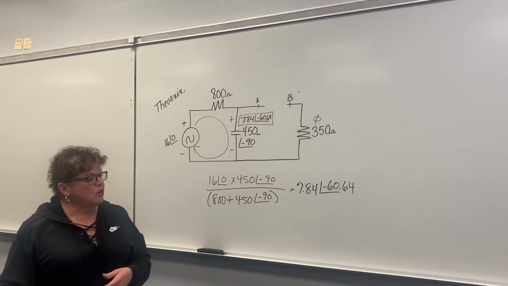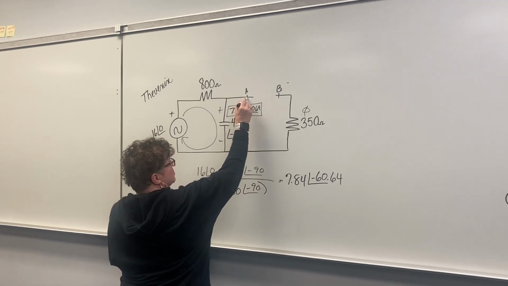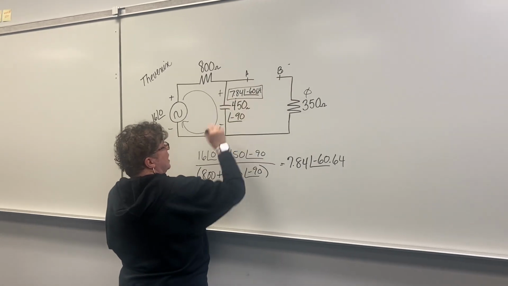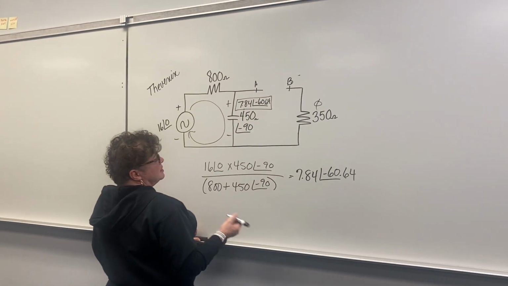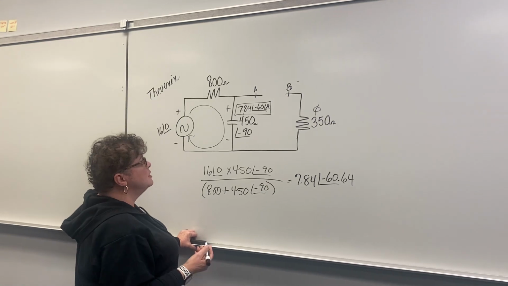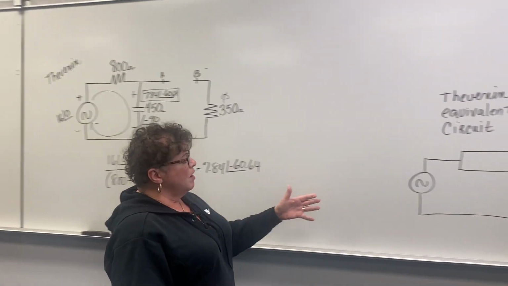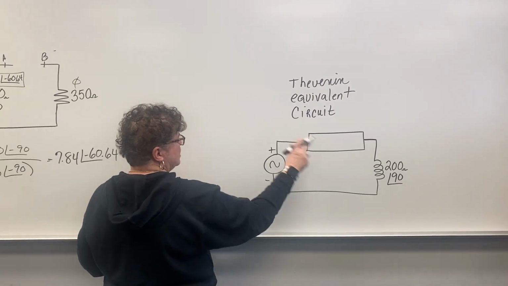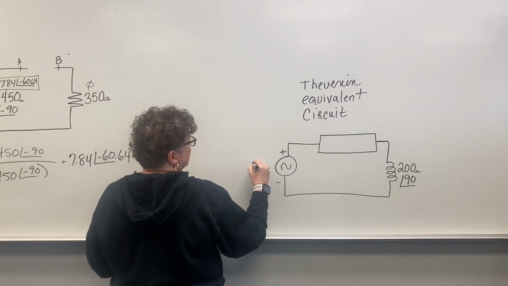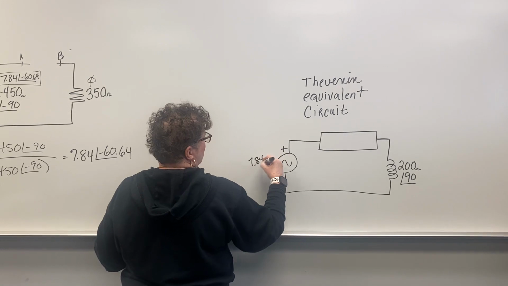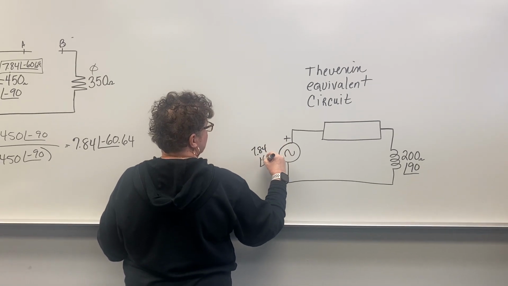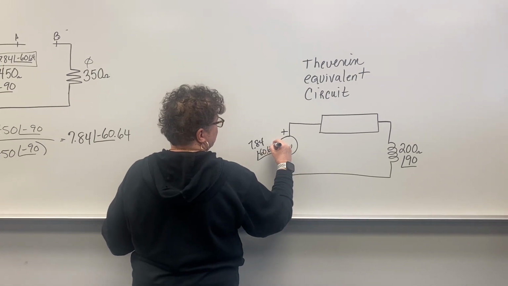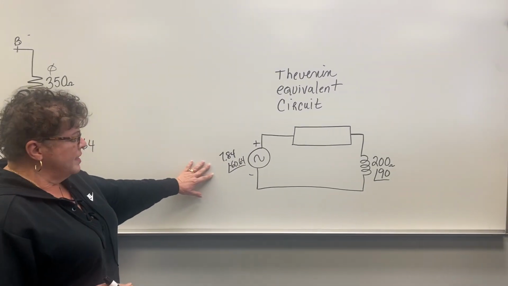So now when you go voltage A, you just have to start at A and you go to B, your VTH or voltage A to B is 7.84 and it's positive. So we go to our Thevenin equivalent circuit and we put positive, negative, because that's the direction it's going. And it's 7.84 volts at an angle of -60.64. Okay, so that's our VTH.